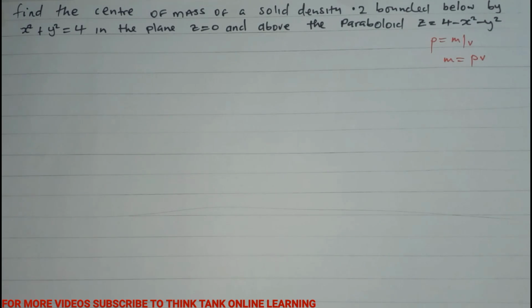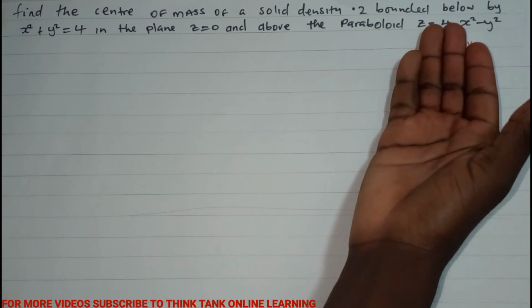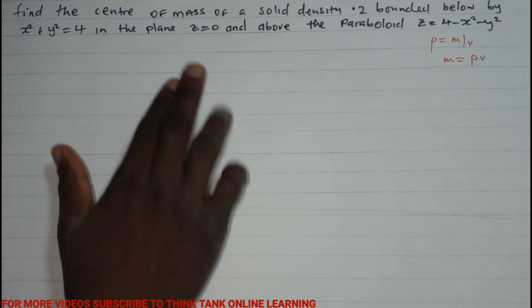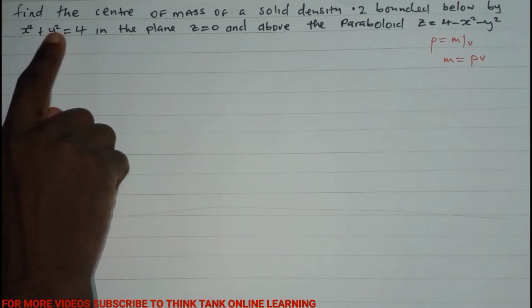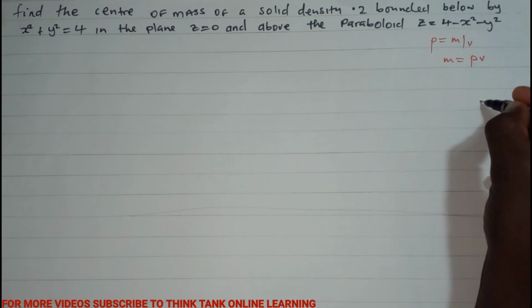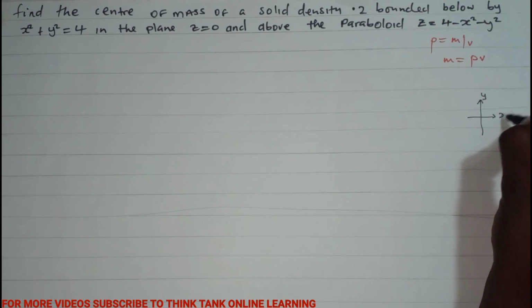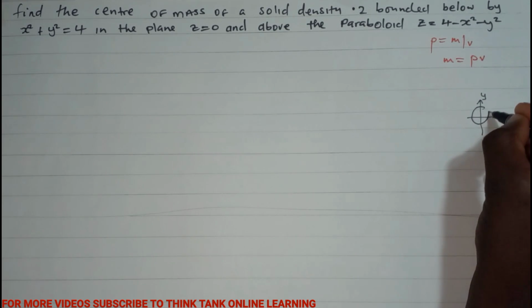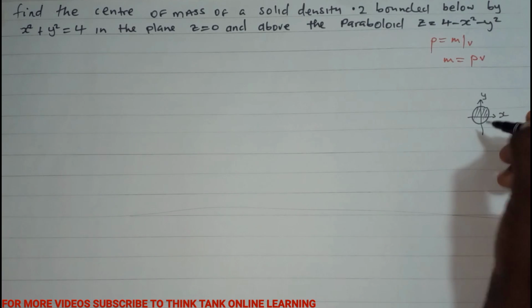But what I'm going to do here is that we have a circle here. If you solve these equations simultaneously, you're going to obtain this equation. So let me just draw a circle here for reference. So this is the circle, just going to use y, x. This is the region we want.